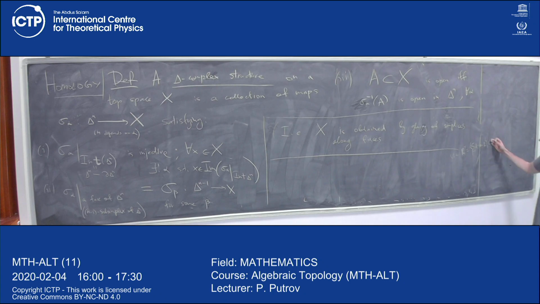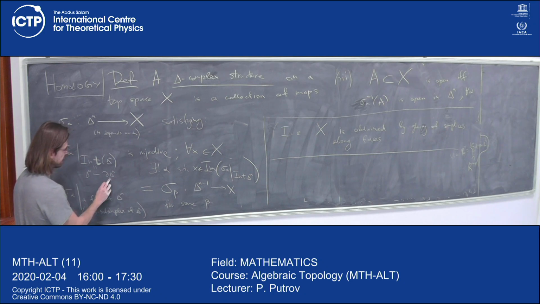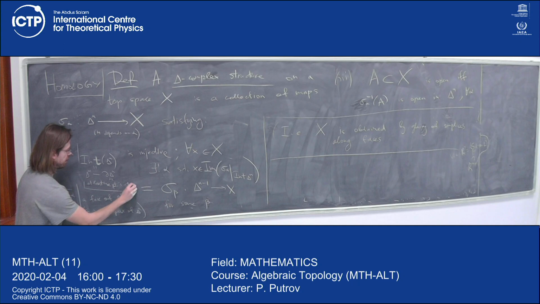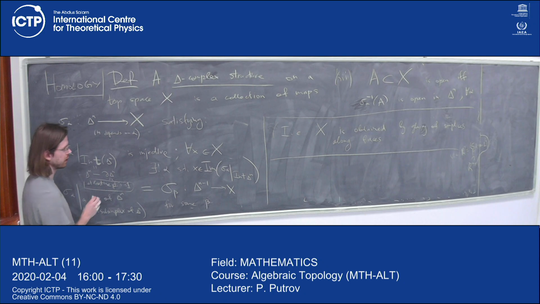Formally, the boundary of delta n means exactly the following set: where at least one of the t_i is 0.